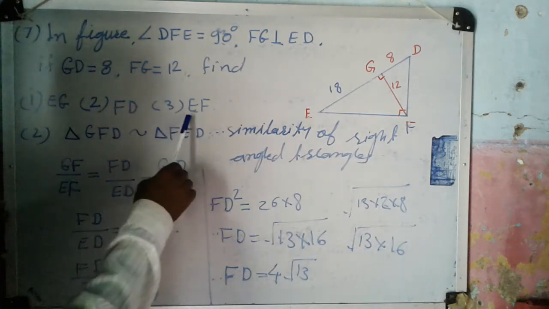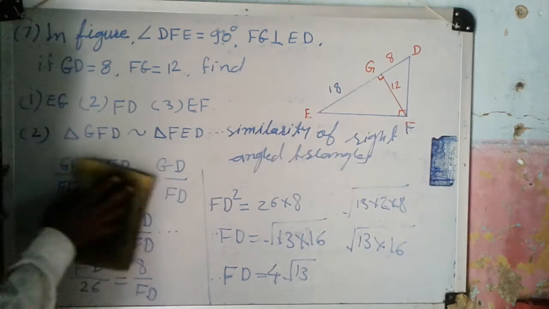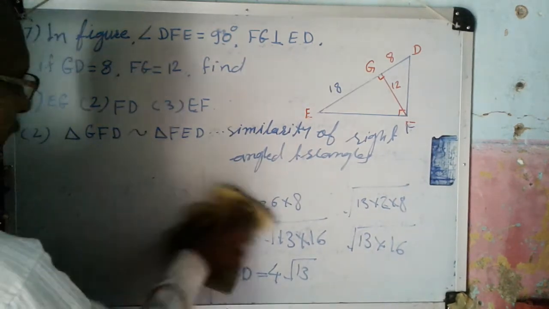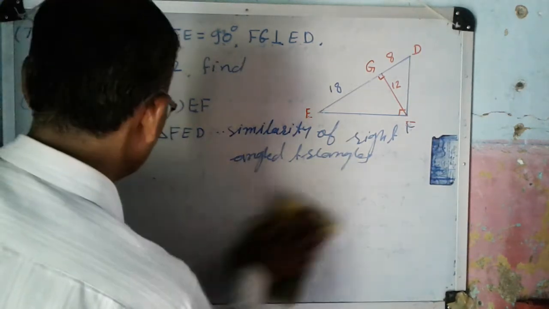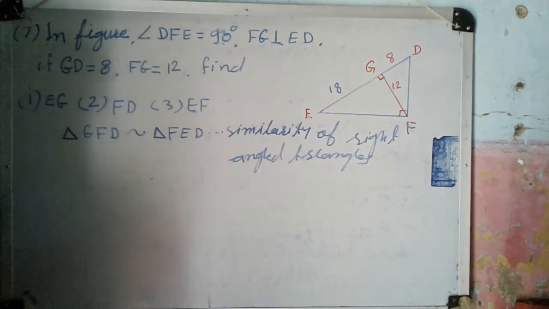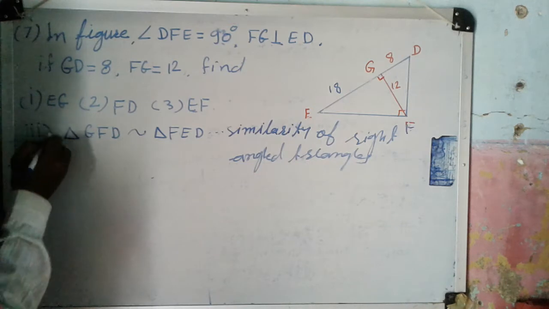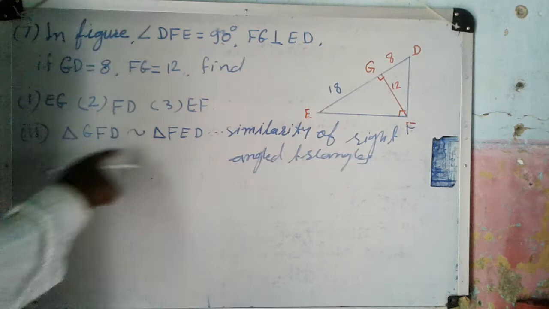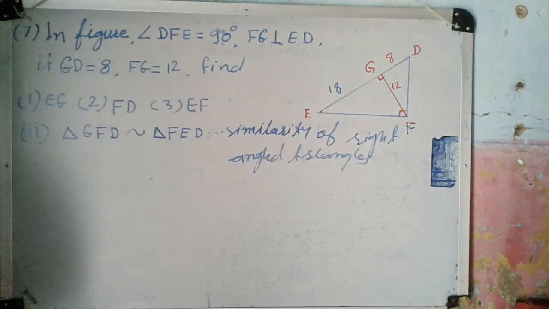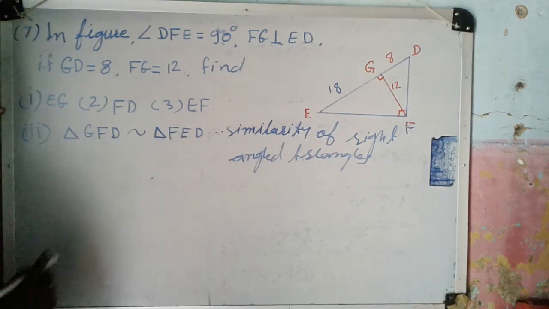Now we will find EF. Now considering the same two triangles here, GFD similar to FED.